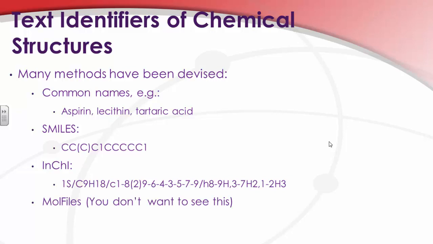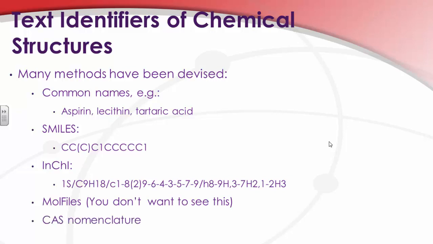Mol files are remarkable in the sense that they contain three-dimensional coordinates of every atom. But you sure don't want to see one on the screen. It's a pretty daunting thing. You certainly wouldn't be able to decipher it or read it off to someone over the telephone.